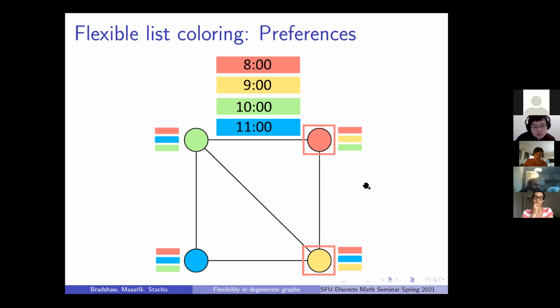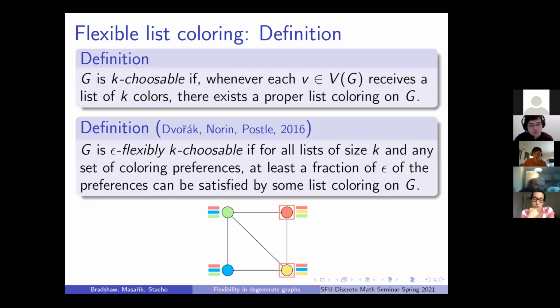So here I have a proper list coloring that satisfies half of my preferences. I have 2 coloring preferences and I satisfy one of them. Since half is a positive fraction, and since the goal of the flexible list coloring problem is to satisfy a positive fraction of your coloring preferences, I'm happy with this list coloring because it satisfies half of my preferences.